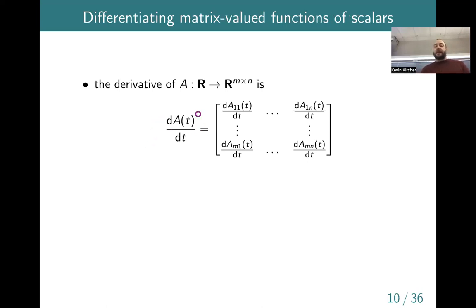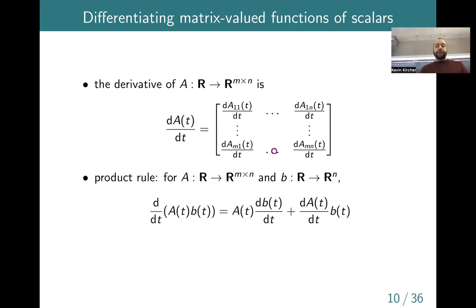So the derivative of this matrix valued function of a scalar is just the derivative of each of the components of the matrix. And then we get a product rule for this type of function that looks a lot like the product rule for scalars, right? So the derivative of the product AB, where A is a matrix valued function, and B is a vector valued function.